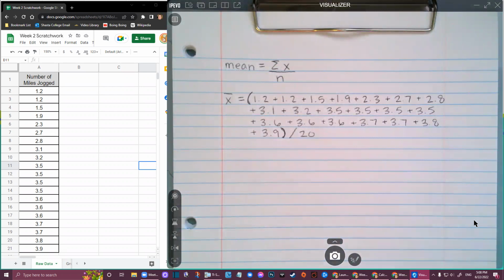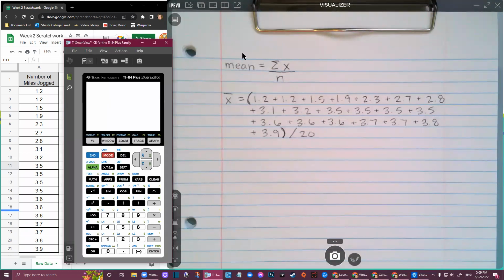At this stage, we're going to grab a calculator of some sort. Just your cell phone calculator will do. I'm going to pull up my TI just because I have that handy. And we're going to type it in on the calculator screen, just like we wrote it on paper. So parentheses around the addition and then dividing by 20.